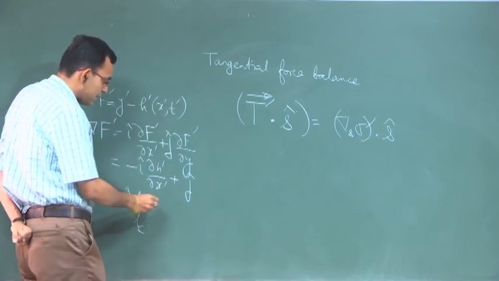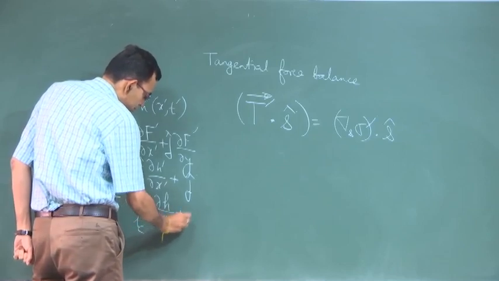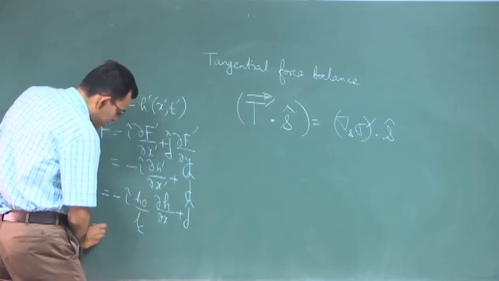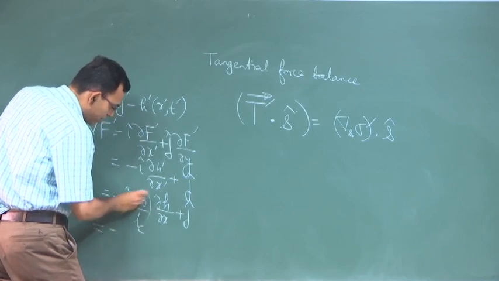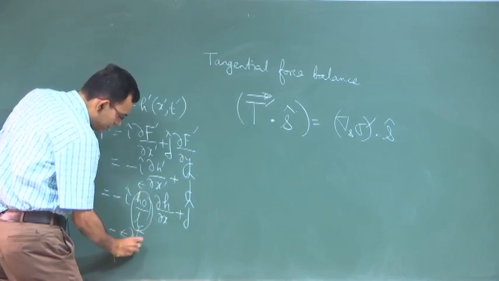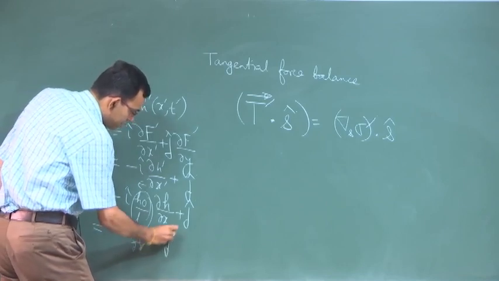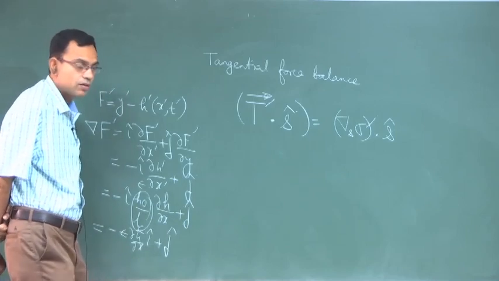So, h naught by L_c is epsilon. So, minus epsilon del h del x i plus j.